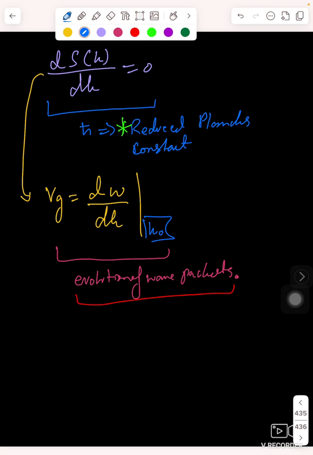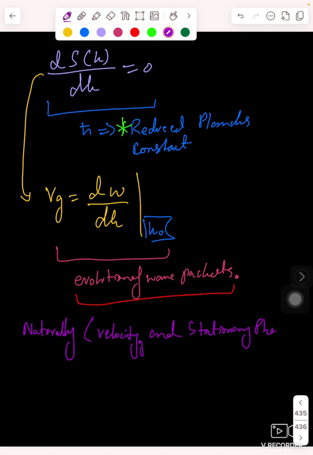They have a natural link, meaning they are related by nature: group velocity and stationary phase.